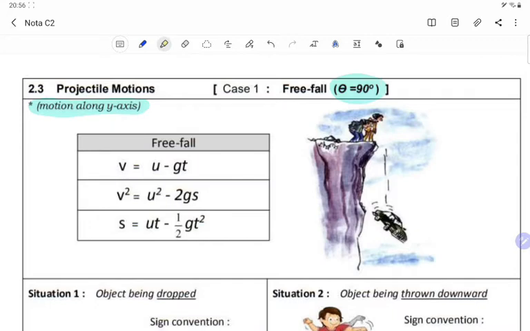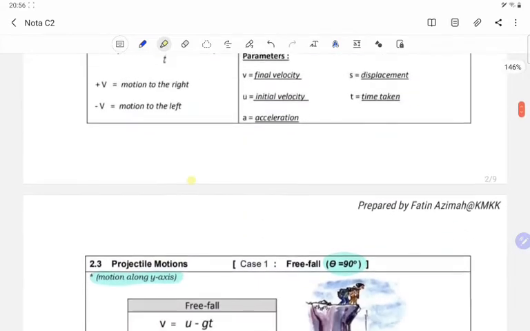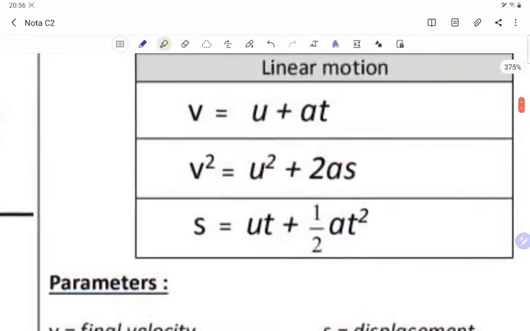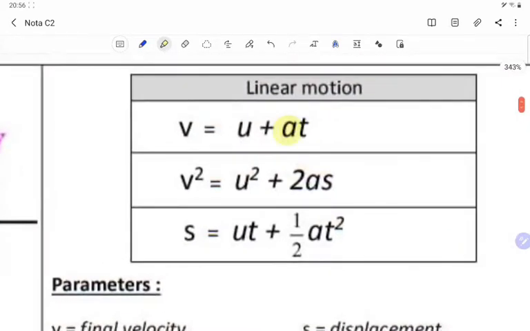Okay, so the equations that involve in free fall, the same equation, is just that we need to change the acceleration to negative g. Okay, so kalau perasan, the exact same equations, cuma kita tukar a ni kepada negative g. Okay, kenapa negative g? Because the motion melibatkan vektor kuantiti.